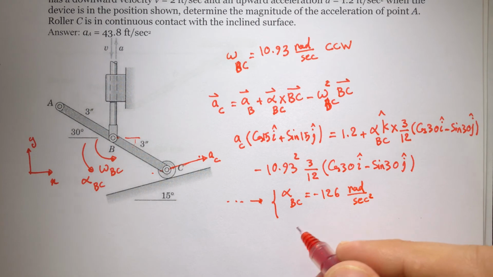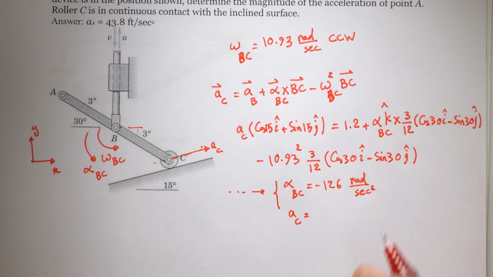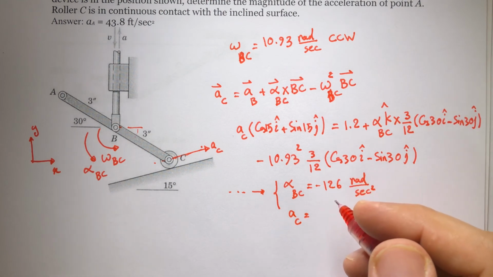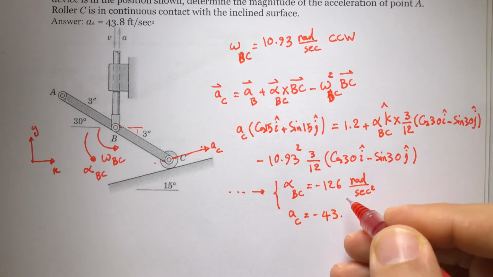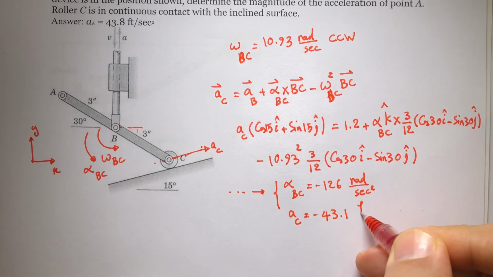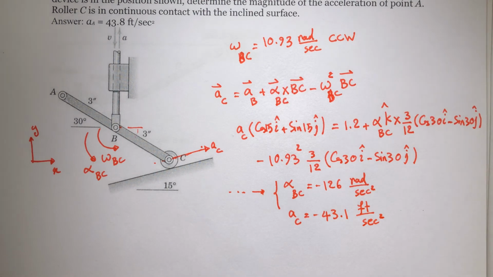And also AC, which we don't need, but we can find it from this equation. AC will be negative 43.1 foot per second squared.